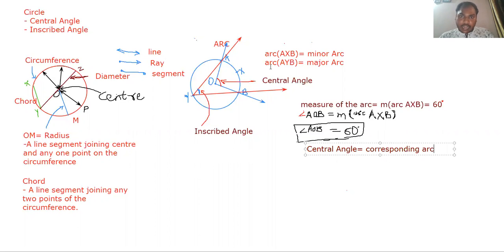Now, if we talk about the inscribed angle, just keep in mind, angle AYB is equal to half. This is the property of the inscribed angle: half of the corresponding arc, that is the measure of the arc AXB.